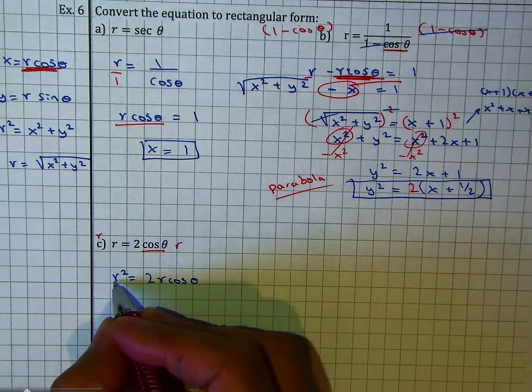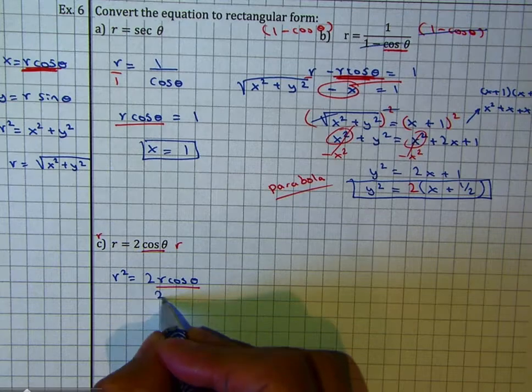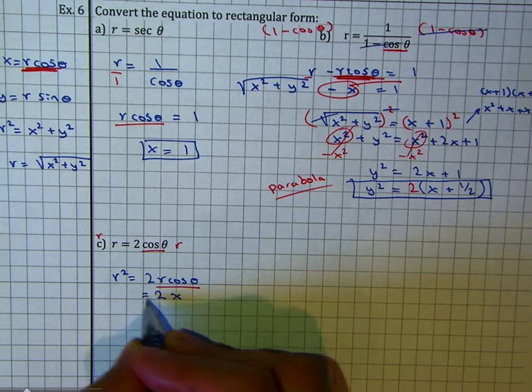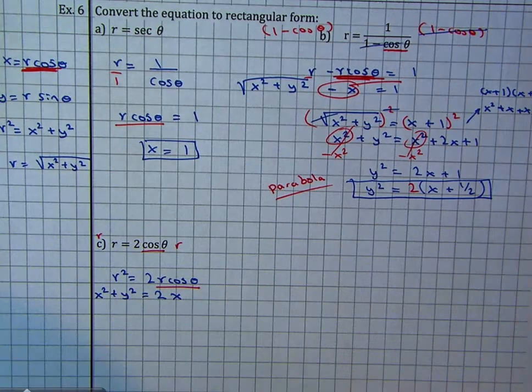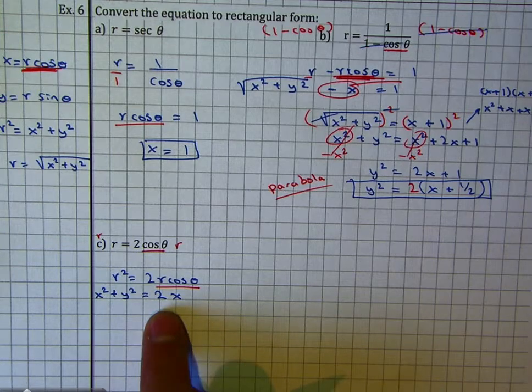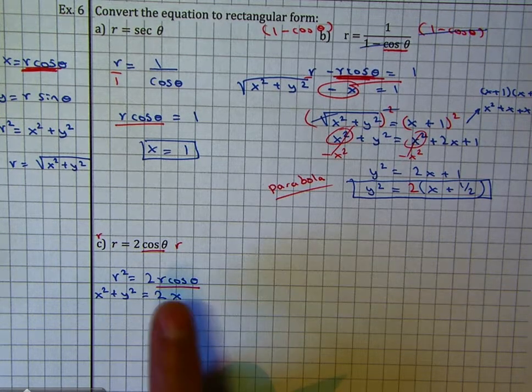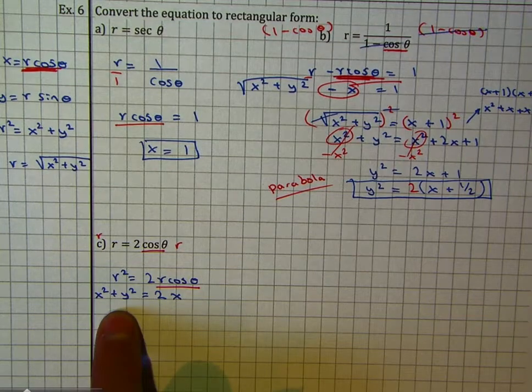I'm going to replace my r cosine of theta with an x, so it'll be 2x, and r squared will be x squared plus y squared. Now at this point, you should be able to know what type of equation this is. What do you think? Is this a circle, parabola, ellipse, or hyperbola? Correct, it's a circle. They both are squares.